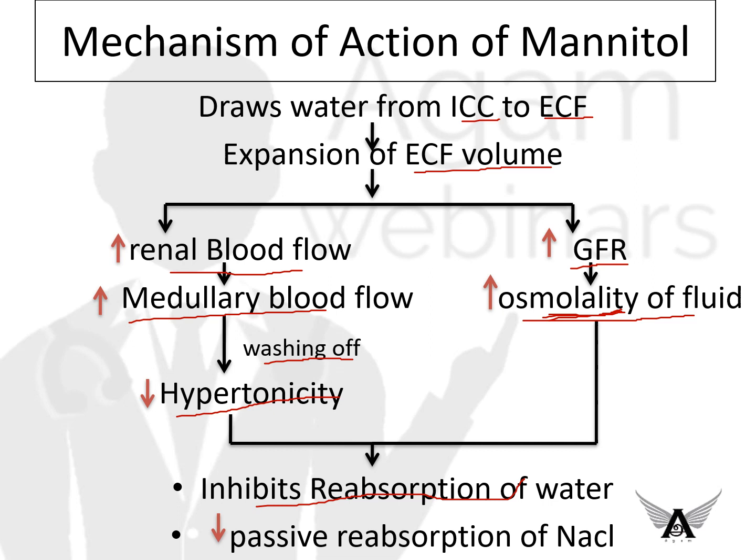When there is reabsorption of water, there is also reabsorption of NaCl. When there is no reabsorption of water, there is also no passive reabsorption of NaCl. So that's why it's reduced. That's how it works. This is the mechanism of action of mannitol.